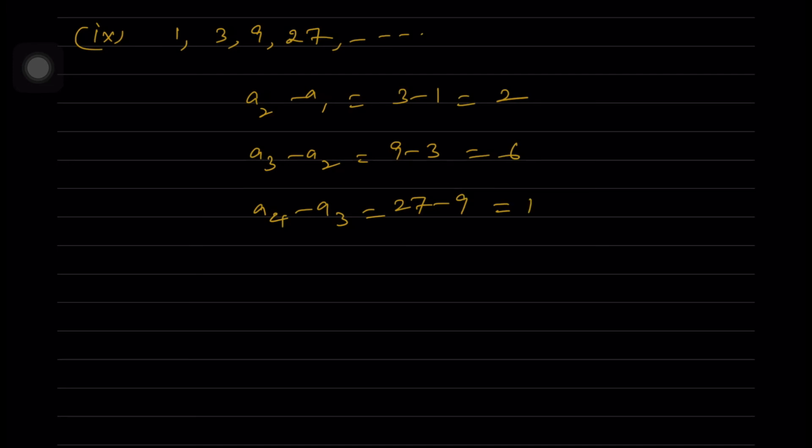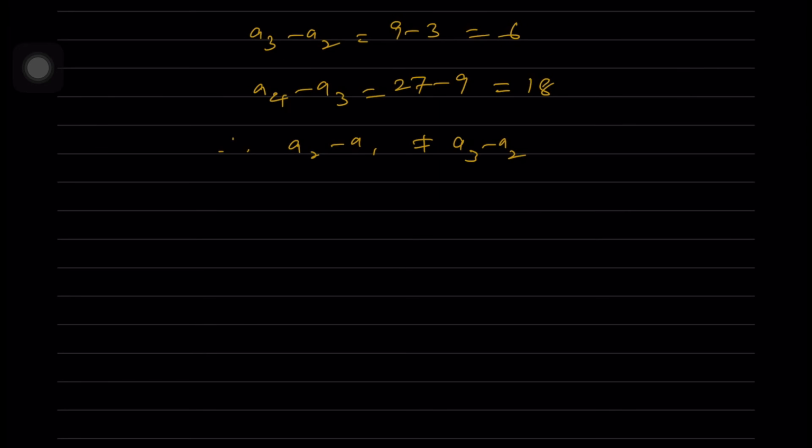So therefore this does not form an AP. The given list of numbers does not form an AP because the common difference is not the same throughout. That is, a2 minus a1 is not equal to a3 minus a2.